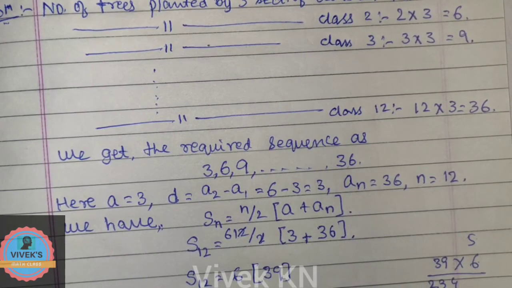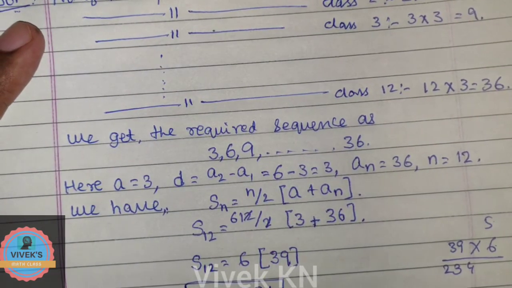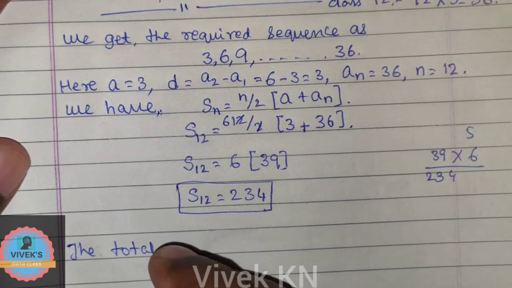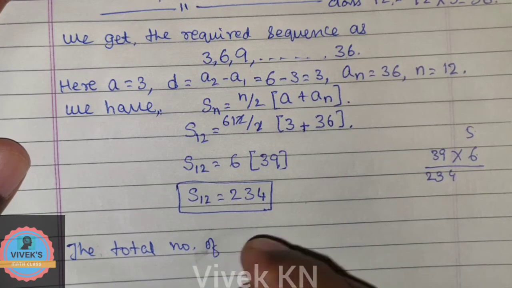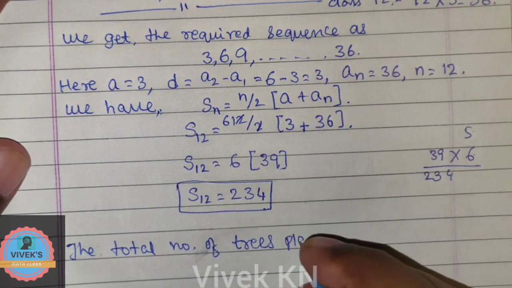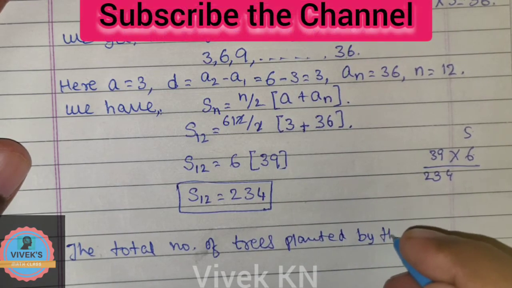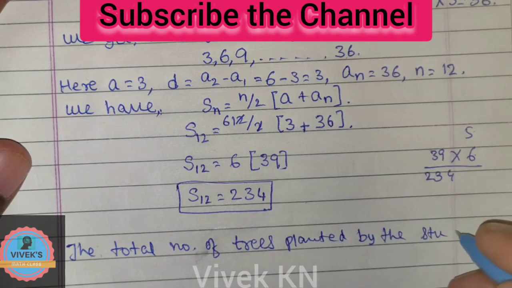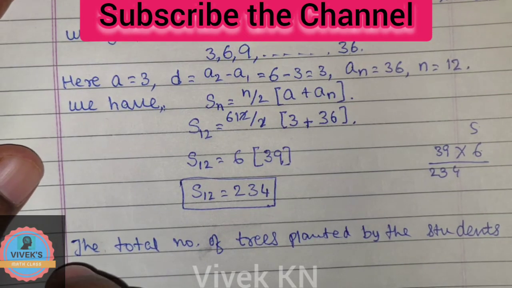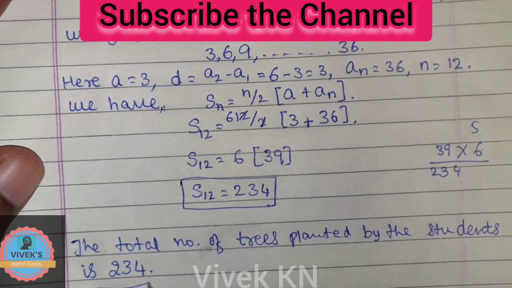Now we have to write the conclusion that the total number of trees planted by the students is 234. This is the answer.